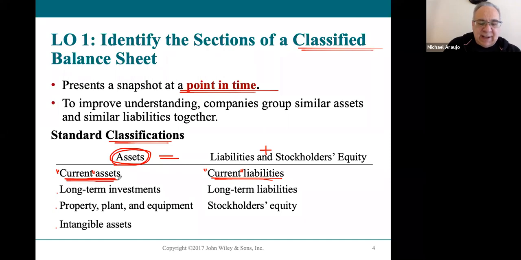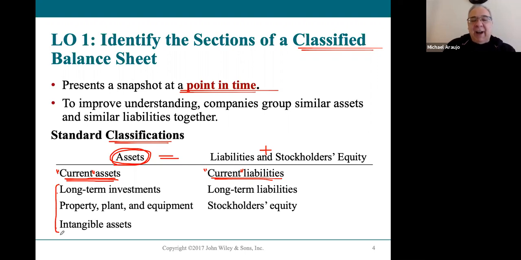So current assets are going to be turned into cash or used up very quickly within 1 year. All the other assets are long term, and as you might think in accounting, it's really not that difficult. Current is short term or less than a year. So long term must be more than 1 year. And that's how we define it in accounting.